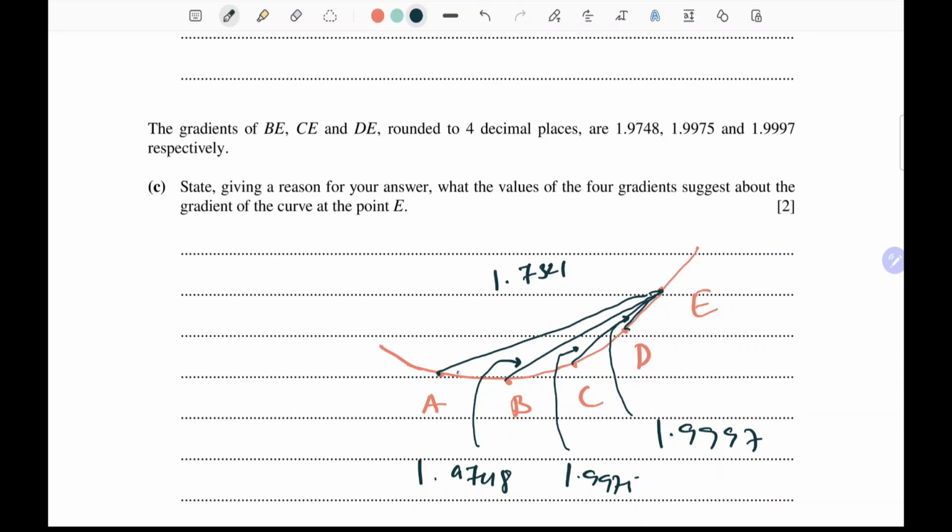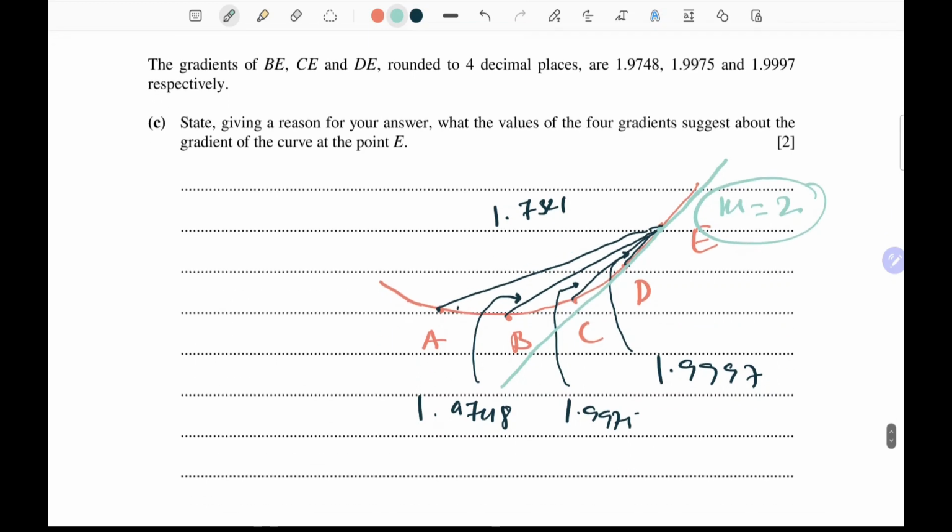So 1.732 has increased to 1.974, then 1.9975, then very close to E, 1.9997. If you take a point very close to E, then you will get this tangent, and this tangent will have a gradient of 2. So approximately 2 you will get as the gradient.